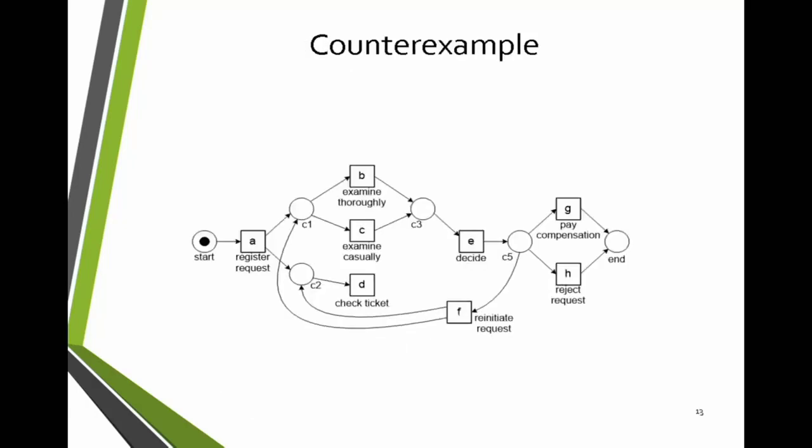All right. To give you a counterexample, suppose that I drop this C4 place from my model, then we lose the workflow net property. This model is not a workflow net anymore. Despite the fact that it contains a start and an end place, the strongly connectedness property is not fulfilled. Why not?